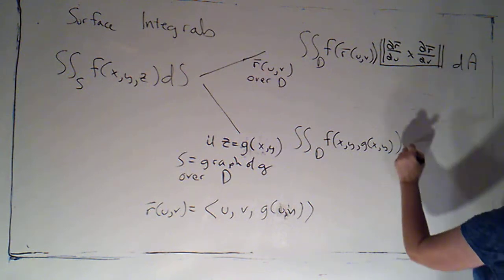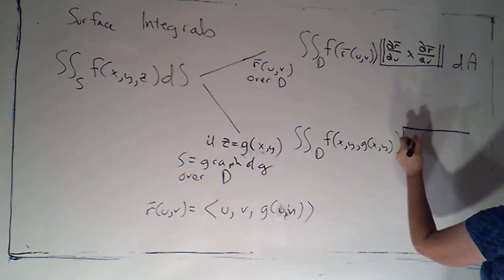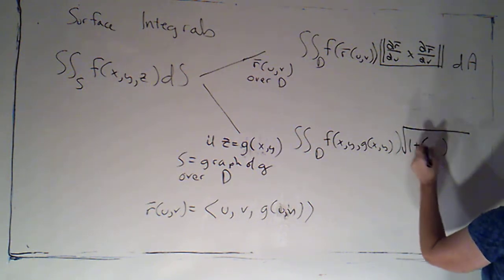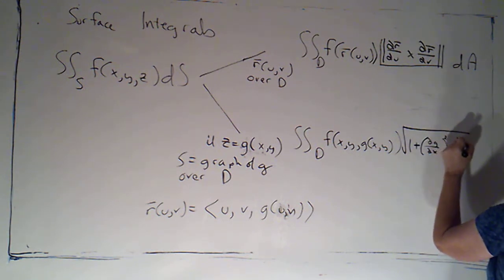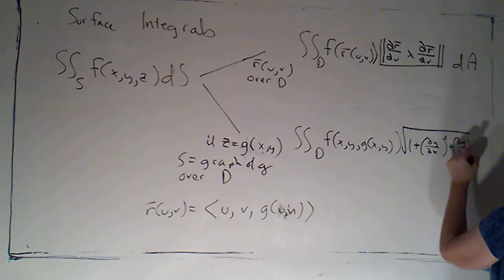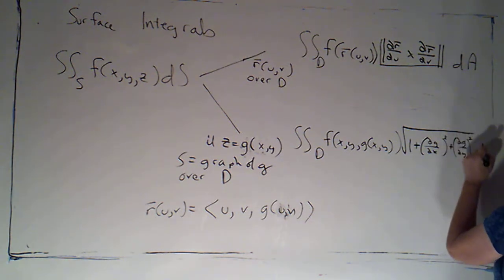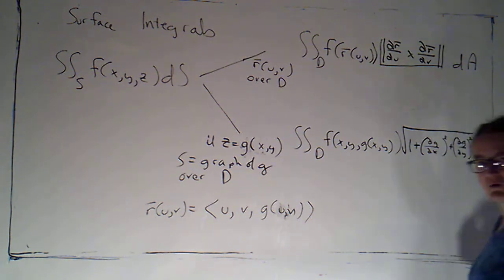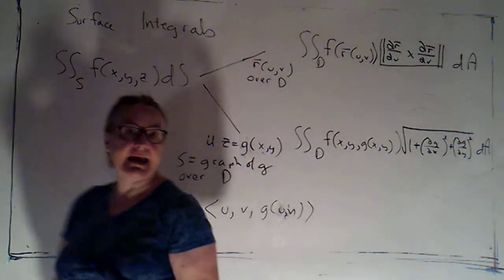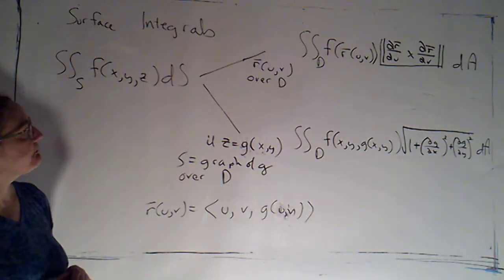And then the magnitude of this cross product is just the square root of 1 plus the partial of g with respect to x squared plus the partial of g with respect to y squared, and then we're integrating that with respect to area in the xy plane.